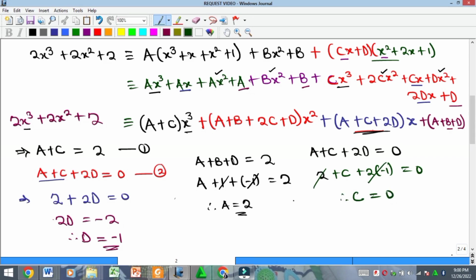So now I have all the values that I am looking for, and we can quickly put them into the equation that we formed here. Let's go back there.